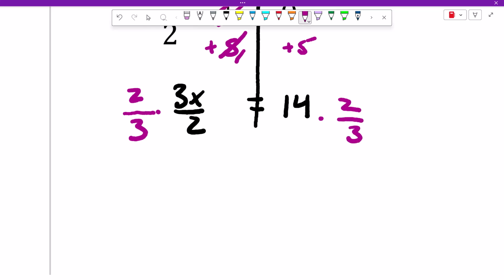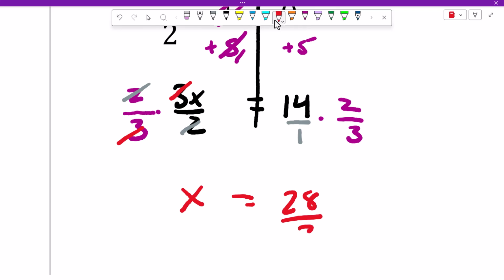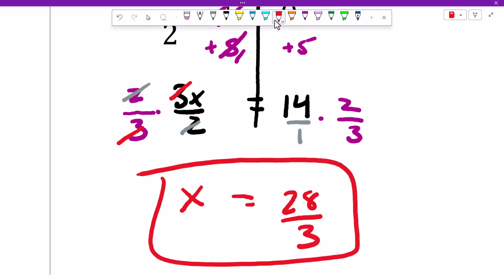And if it helps, you draw a little imaginary 1. The 2's cancel out, the 3's cancel out, you're left with the x. On the other side, you do your multiplications. 14 times 2 is 28. 1 times 3 is 3. 28 over 3 is our answer.